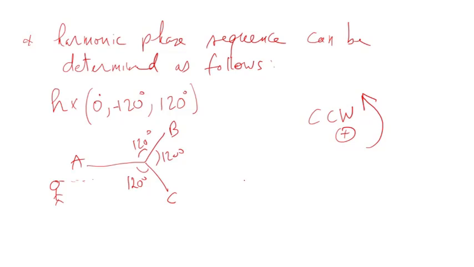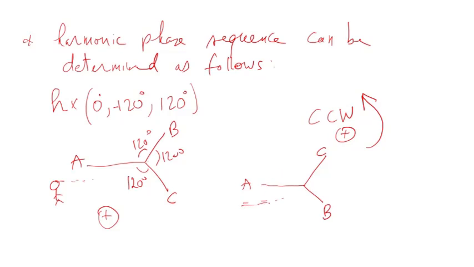So this is the positive sequence. And the negative sequence basically would have A, and you would have C, and you would have B. So as they rotate counterclockwise, A will go first.